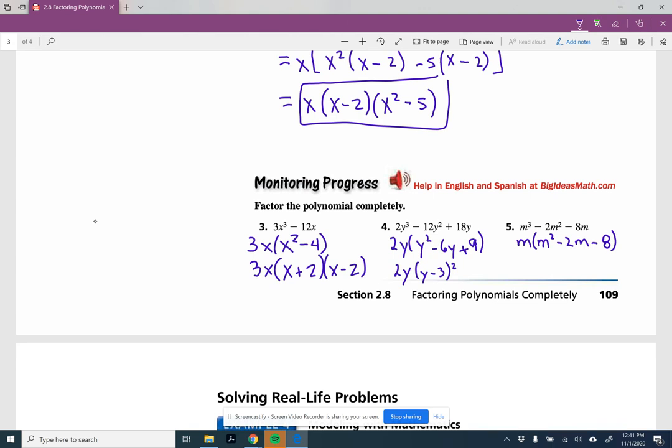Then we'll factor the trinomial. Can use our table method, or we can take the negative 8 and break it down as, we need a sum of negative 2 if we do 2 and negative 4.